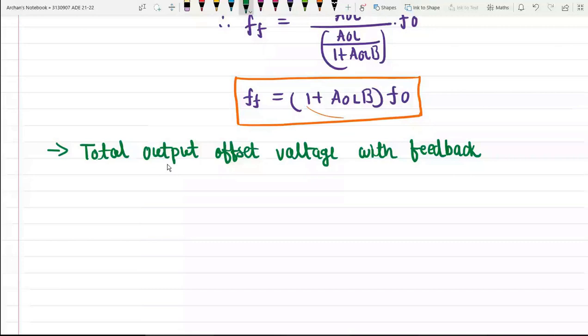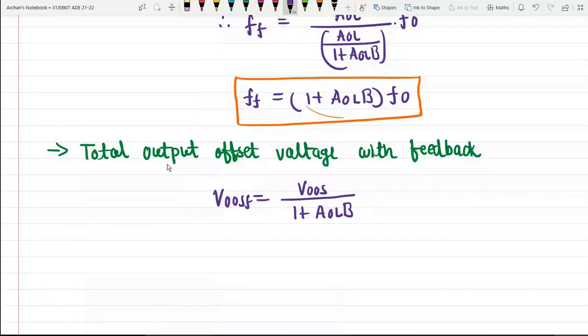So this voltage is a function of the gain of the operational amplifier, and as gain reduces from open loop gain to AOL by 1 plus AOLB, the output offset voltage also reduces by this factor, 1 over 1 plus AOL times B. So the output offset voltage with feedback is equal to output offset voltage divided by 1 plus AOL times B.